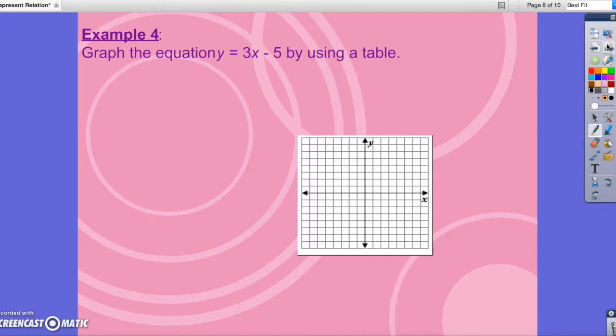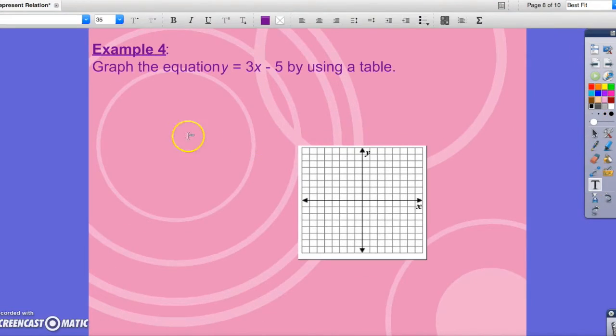So for the next one here, I know you probably know an easier, more efficient way of solving these, but we're going to graph the equation y equals 3x minus 5 by using a table. All right, I'll give you a setup of a table here. Okay, so for x, I'm going to pick a couple of numbers.